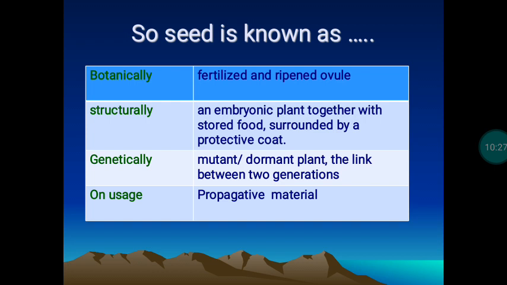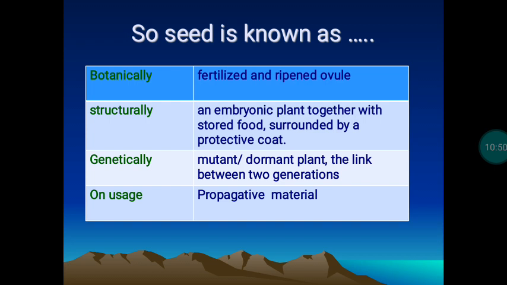The biochemical composition of the stored food may vary from crop to crop. For example, cereals will have more carbohydrate, pulses will have around 20% protein content, whereas oil seeds have a higher amount of oil content. Like that, the chemical composition of the stored food may vary, but all the seeds are given with some amount of stored food.